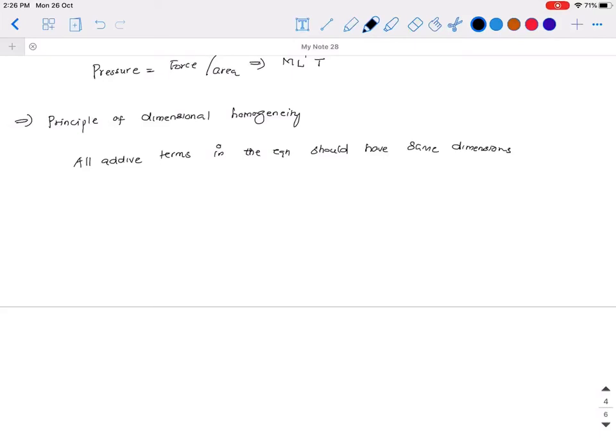For example, let us take Bernoulli's equation. What we have is P plus half rho u squared plus rho g z equal to a constant. All of them, including the constant, should have the same dimensions.